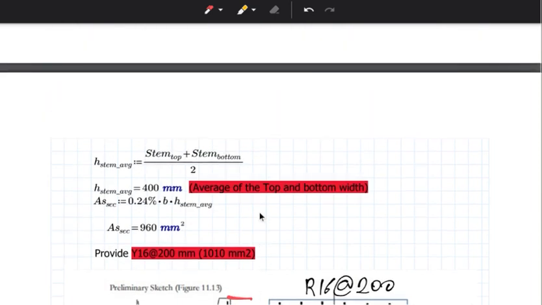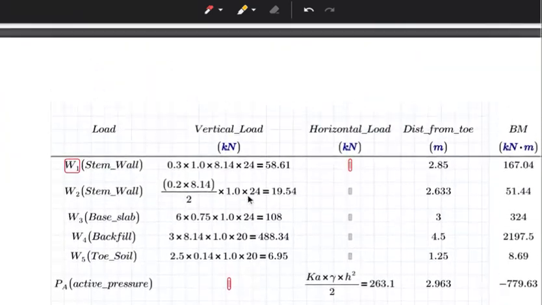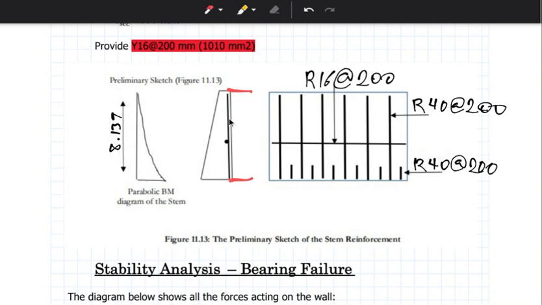But the 7.6 that we actually got means that at a point around here, the bending moment that is caused by the retained soil is halved at this point, at which the height is 7.6. So what we are going to do is provide just half of what we've been providing along the span, from this place to this point.